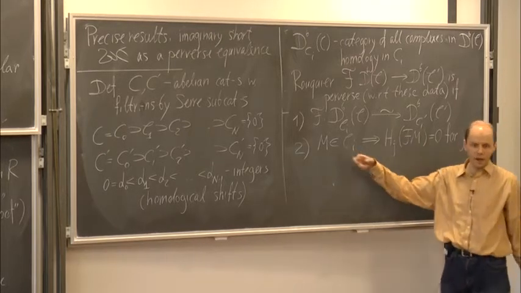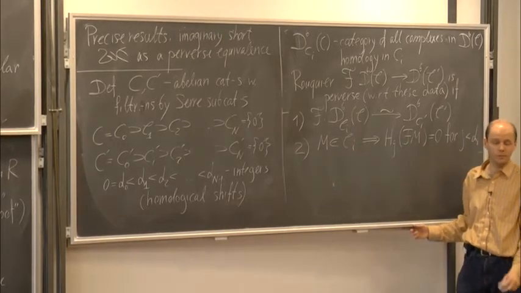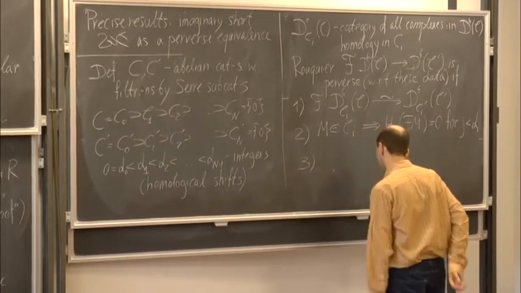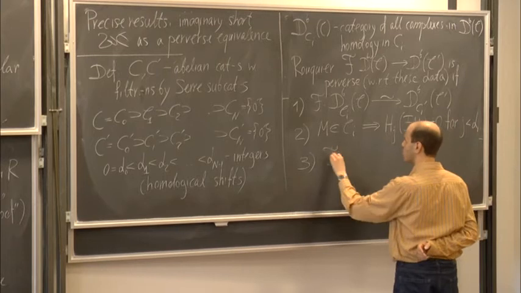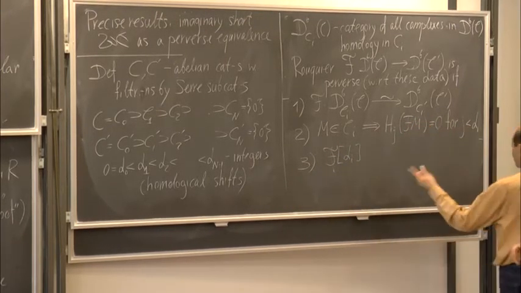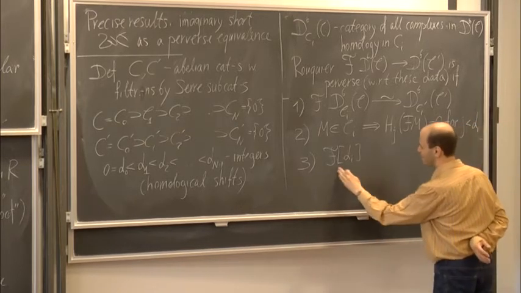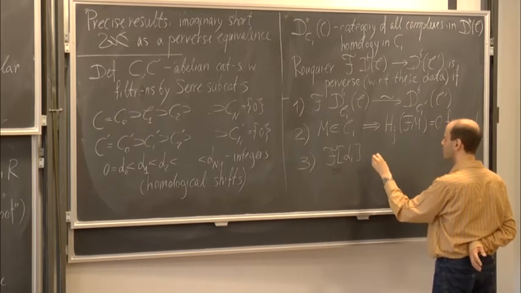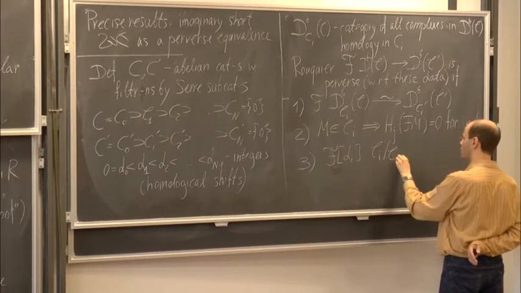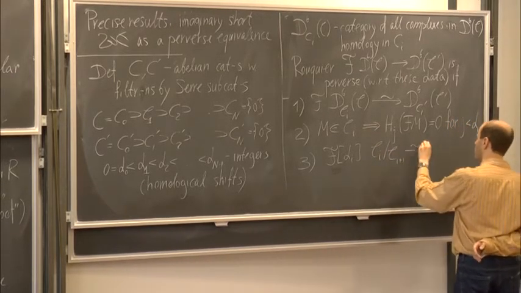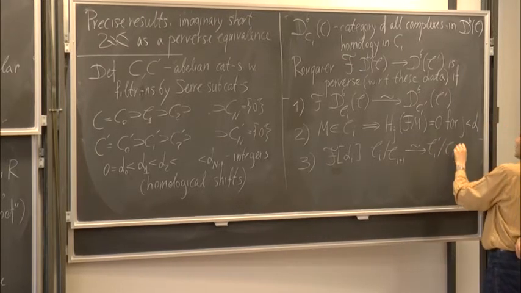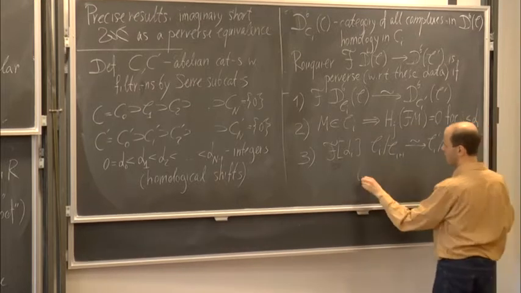So the category C_i is homologically shifted by d_i. And third, F shifted by d_i, I cannot figure out whether it's plus or minus, I have problems sometimes distinguishing left and right, gives an abelian equivalence between C_i mod C_{i+1} and C_i' mod C_{i+1}'. So this is an abelian equivalence.